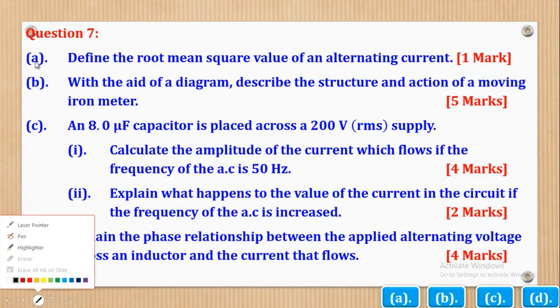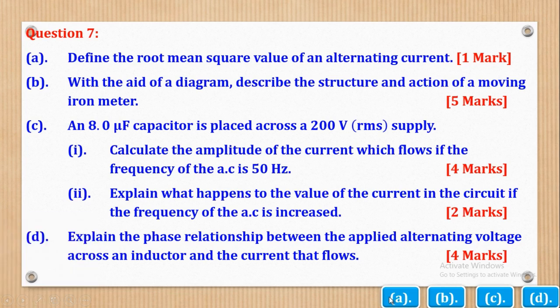Question 7 part A says, define the root mean square value of an alternating current.